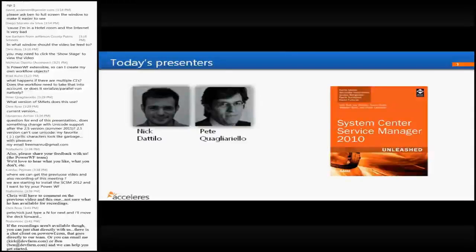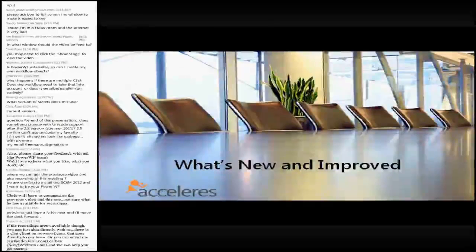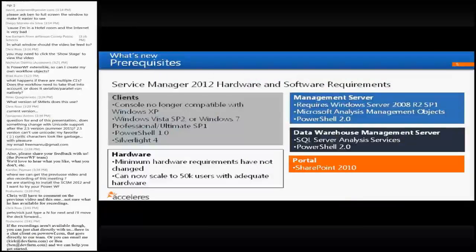All right, great. So we're just going to cover what's new and improved. I'll just click through. We're going to start with the prerequisites, and then we're going to get into the functionality a bit, and then we'll talk about some of the integration at the end, like we just discussed.